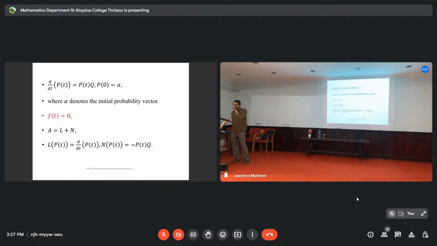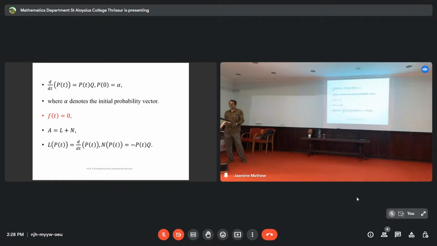Now we will study the differential equation that is satisfied by the infinitesimal generator of a Markov chain. So that is given by dp/dt of p(t) equal to p(t) multiplied by Q, where p(t) is a row vector that represents the probabilities of states in the Markov chain.